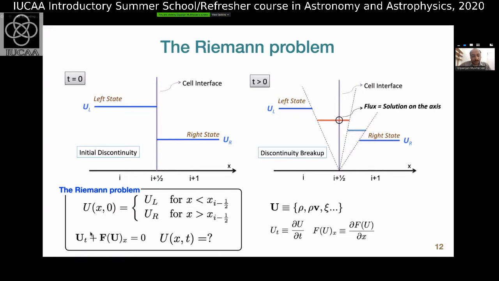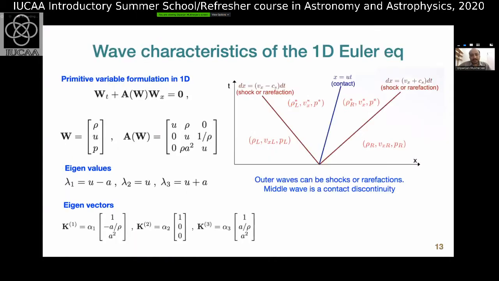So these U's are the conservative fluid variables, which can be density, momentum, energy, and the magnetic field. There are mathematical tools devised to solve this equation in this kind of basic initial state, and that is called the Riemann problem. I will not go into the details of it, but this is what comes up when you do simulations.